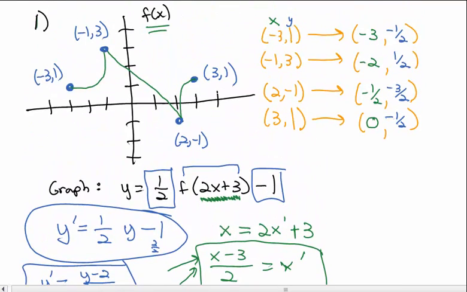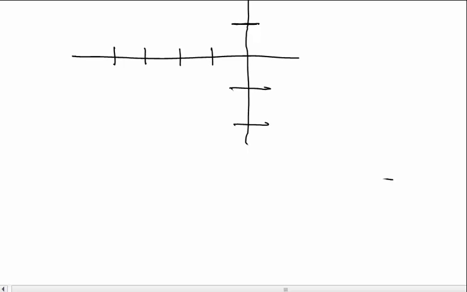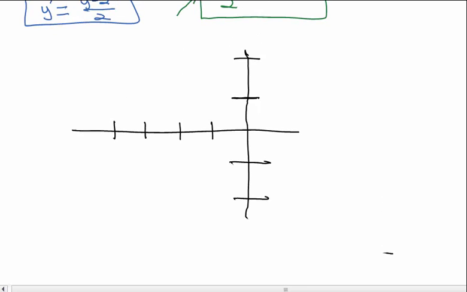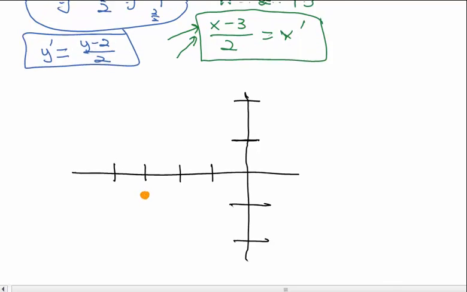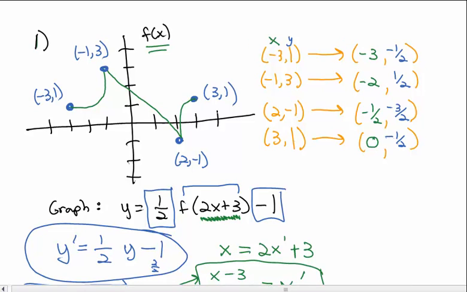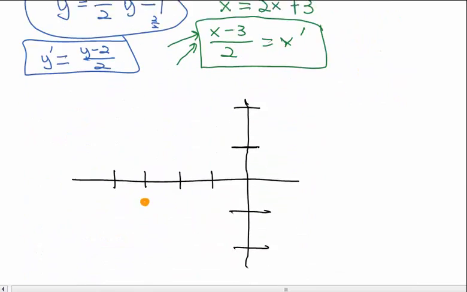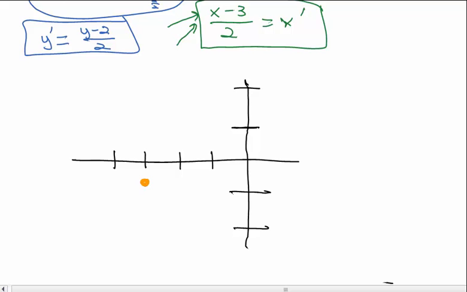Our first point was negative 3, negative 1/2. So we'll go negative 3, negative 1/2, and there's my first new point. The second new point is negative 2, positive 1/2. Here's my next new point.